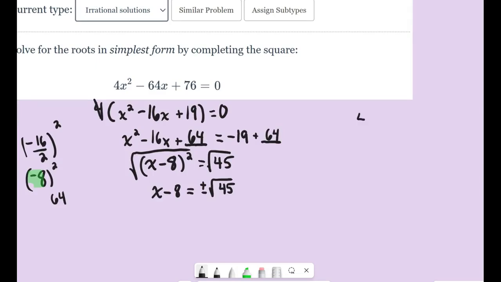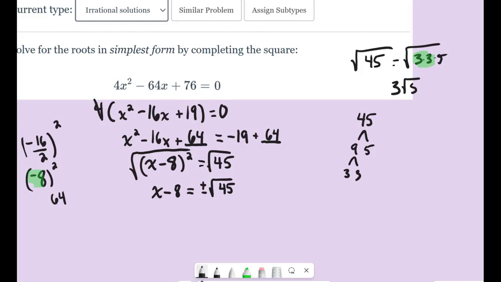Let's look at 45 and see how we could break that down. 45 can break down into 9 times 5, and then 3 times 3. So the square root of 45 can be rewritten as the square root of 3 times 3 times 5. The square root of 3 times 3 would be 3. So now that will be 3 times root 5.